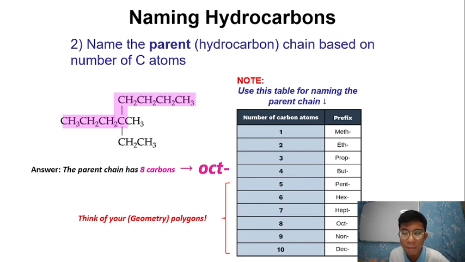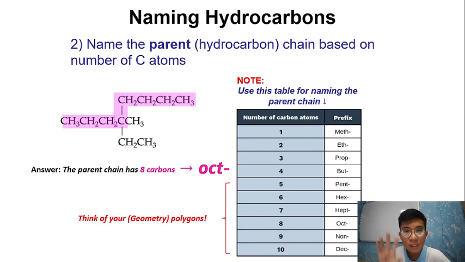Nag-geometry kayo, di ba? Pag tinanong ka ng prof mo ng, ano yung polygon with 5 sides? Lagi natin isip it's pentagon. Mas madali itong tandaan yung 5 to 10, your geometry polygons. Okay? So, 8, oct. Nakikita natin na oct.